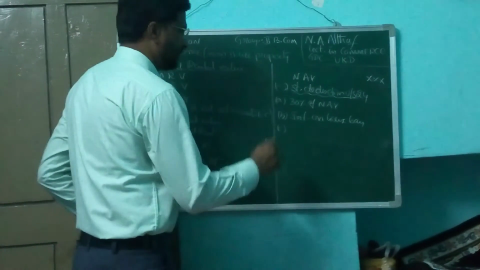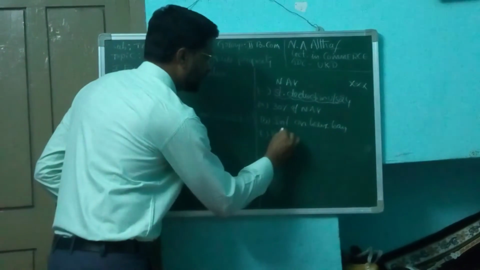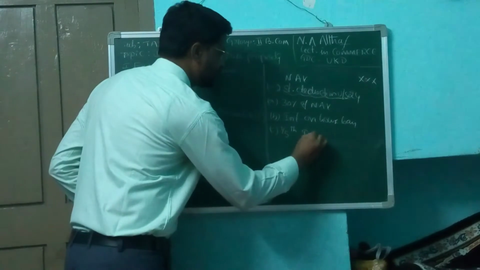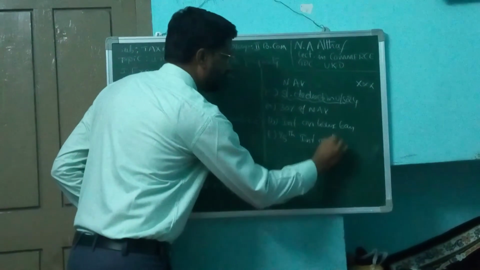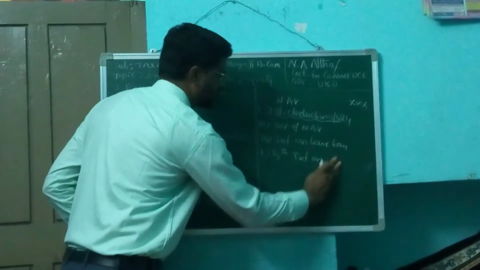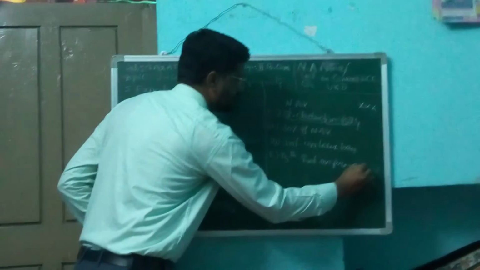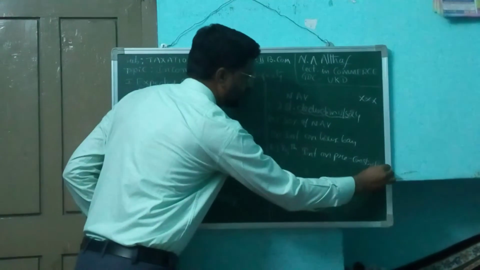And C, this is a rare one, that is 1/5 interest on pre-construction loan.